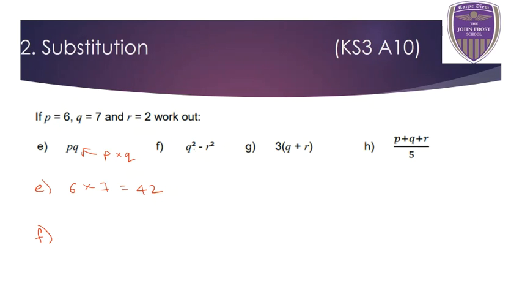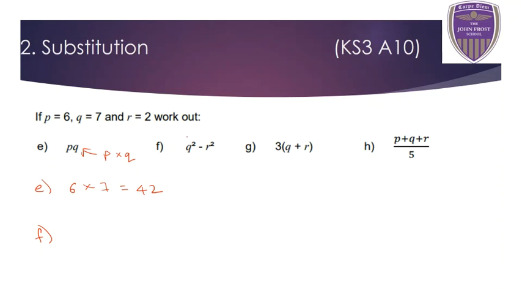Okay, next one. F says Q squared minus R squared. So for this question, you've got to make sure that you remember that squared doesn't mean times by 2, even though there's a little 2 there. So this is not Q times by 2. Okay, squared, when you square something, you multiply it by itself.